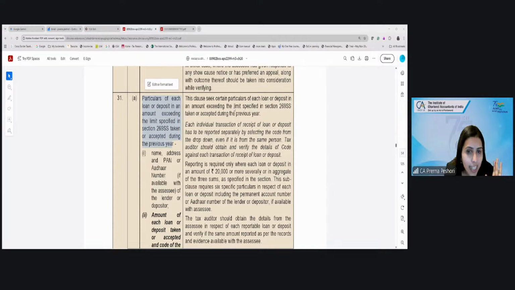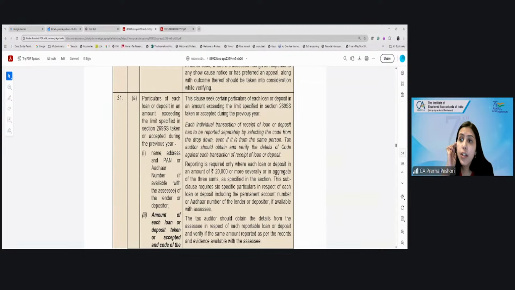That is 269SS. Now this clause seeks particulars of each and every loan, each and every deposit, or each and every amount for the transfer of immovable property more than 20,000 which is taken or accepted. Are we getting this? Here you have to give the particulars of each and every amount.